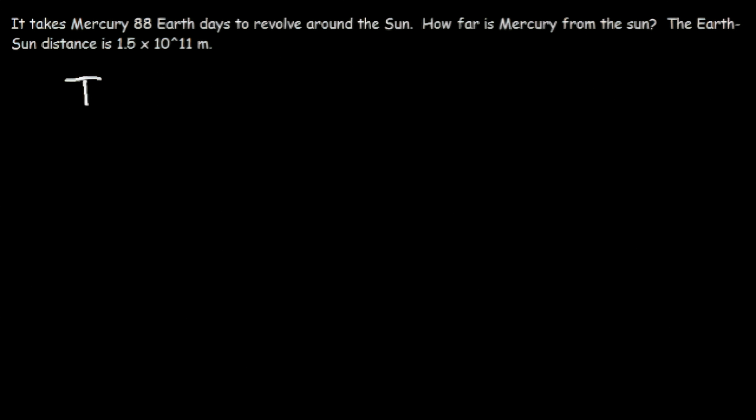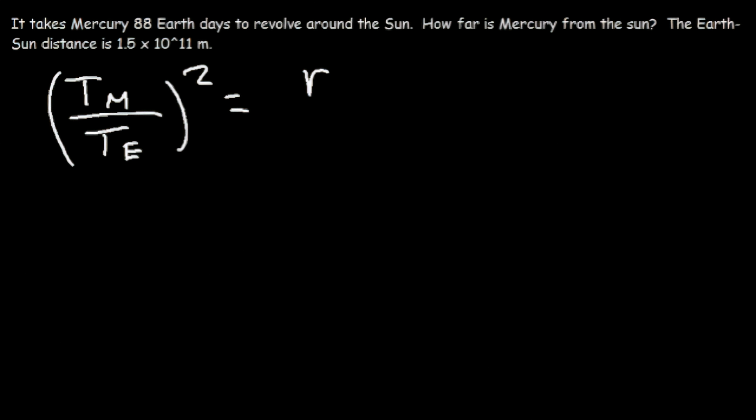So T for Mercury divided by the period of the Earth, squared, is going to be equal to the radius, or the distance between Mercury and the sun, divided by the distance between Earth and the sun, raised to the third power.